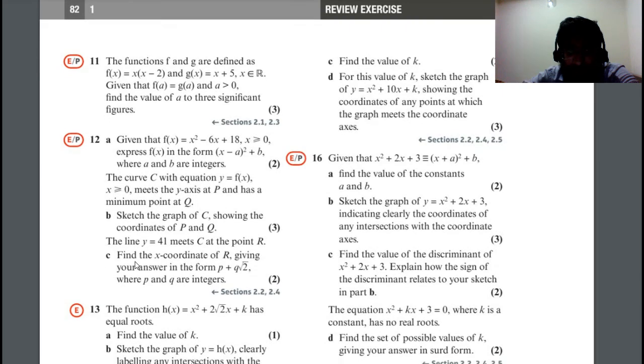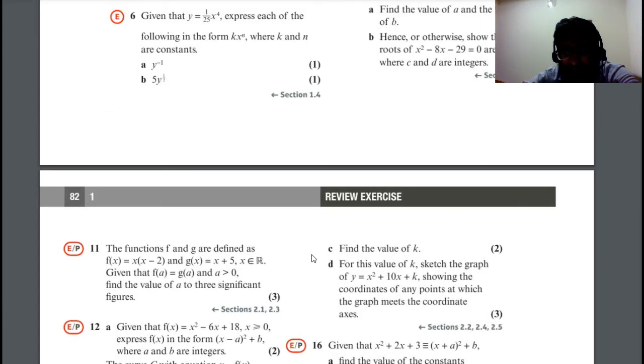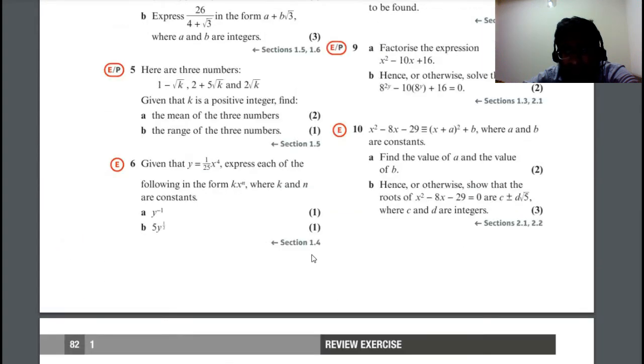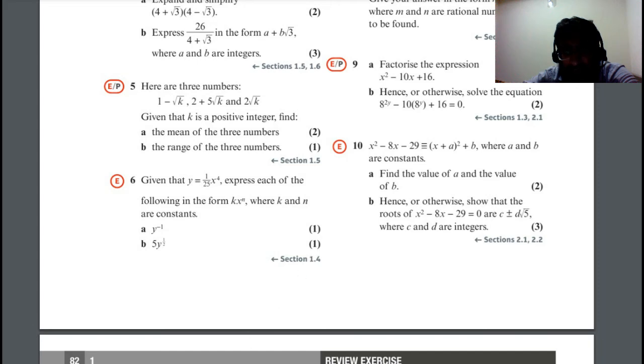Hence or otherwise show that the roots of the equation are 4 plus or minus 3 root 5. Oh, okay, you're doing part B. Go ahead. So I would do that thingy.